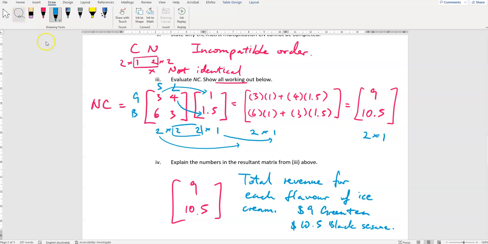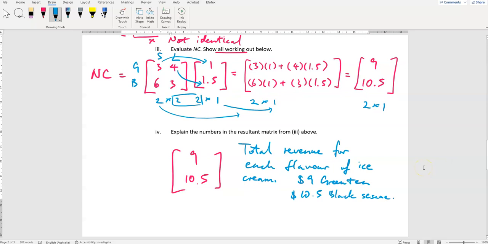Alright, done. Total revenue, or the total price, total amount of dollars. Alright, total revenue. So, total revenue, dollar sign. Right. So these are actually dollar signs. Total revenue. There's your green and there's your black sesame. Alright. So it's combining the small and the large flavors together to find the total cost.